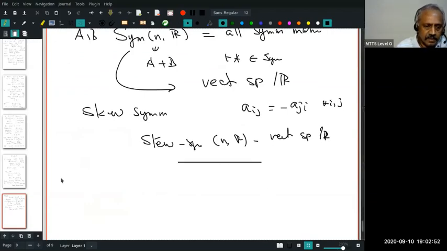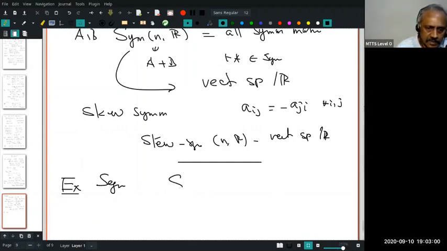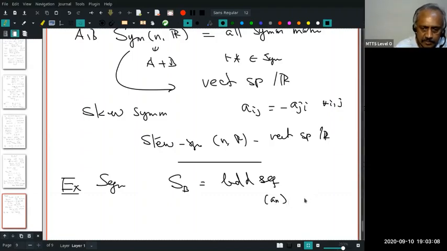Right? And the next example is something to do with sequences. Okay. Let SB be all bounded sequences. What is meant by a bounded sequence? When do you say a sequence An is bounded? If there exists an M so that mod An is less than or equal to M for every n. Then I say A is bounded. Right?